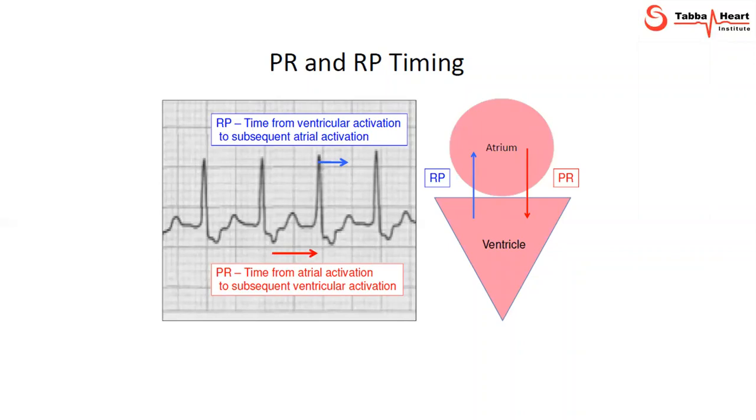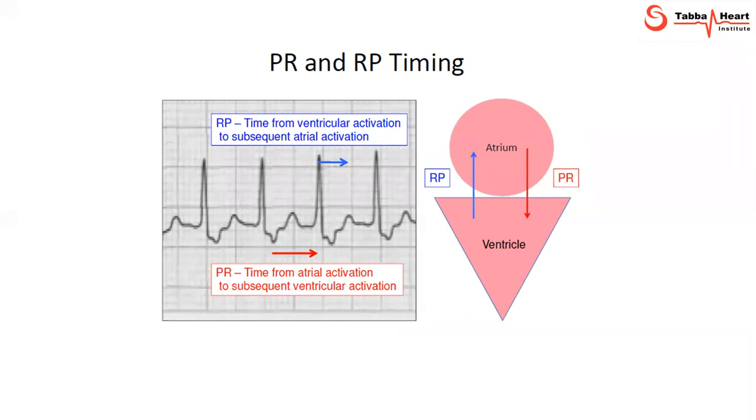The only thing that you need to know is whether it is short or long. So short and long is based on the ratio. If a patient's R to R interval is 200 milliseconds and RP is 80 and PR is 120, then what is it? It is a short RP.